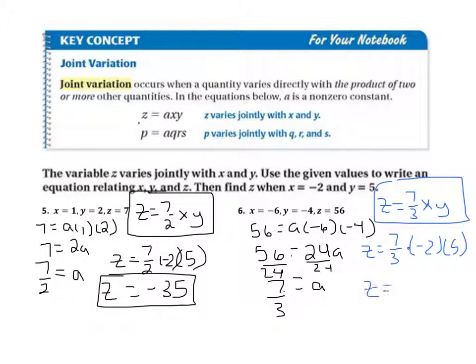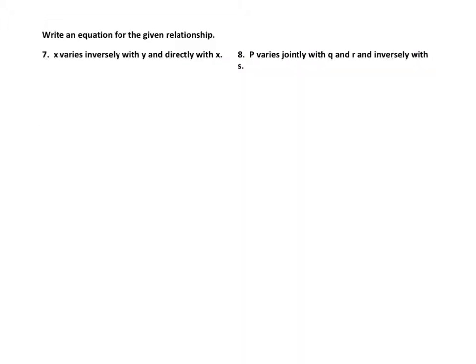So Z equals negative 70/3. So there's inverse and joint variation.